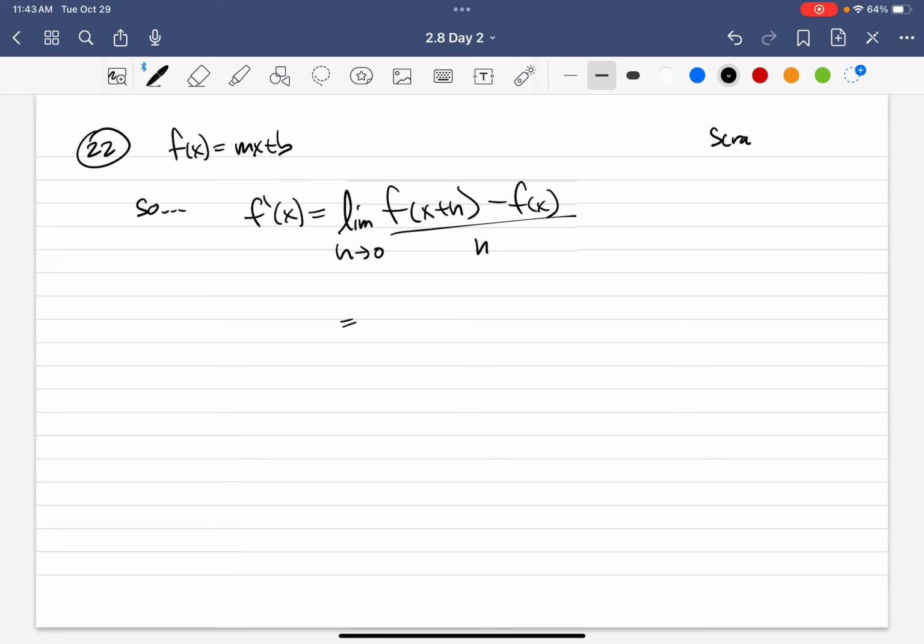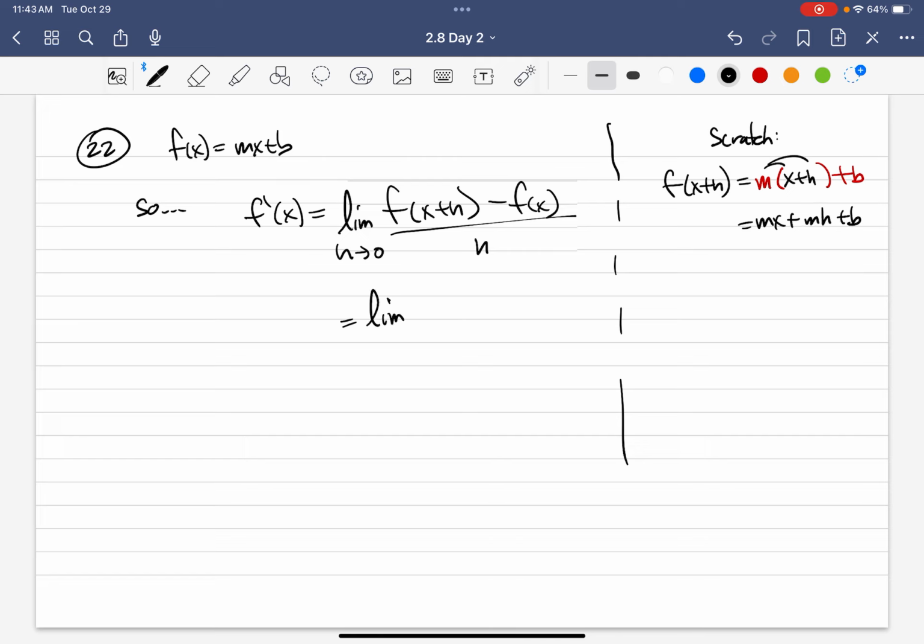So over here on my scratch paper, I find out what f of x plus a little bit turns out to be. It's just going to be my mx plus b, but what I plug in for x is this x plus h. So now if I distribute, I get mx plus mh plus b.